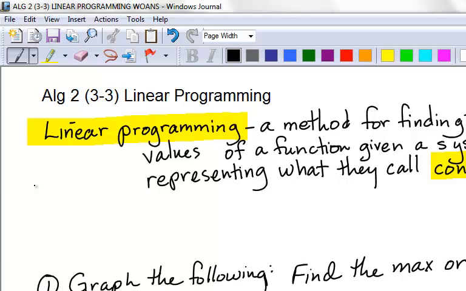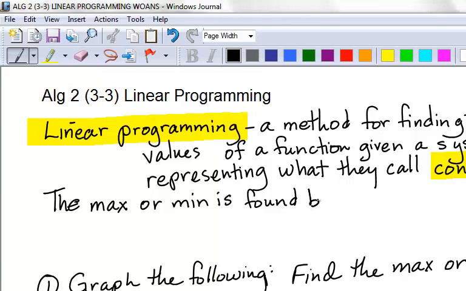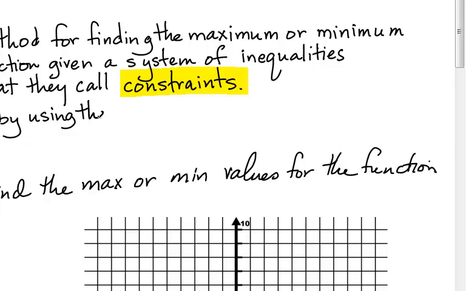In geometry, we call it a convex polygon. Okay, and the max or the minimum is found by using the vertices of the feasible region.